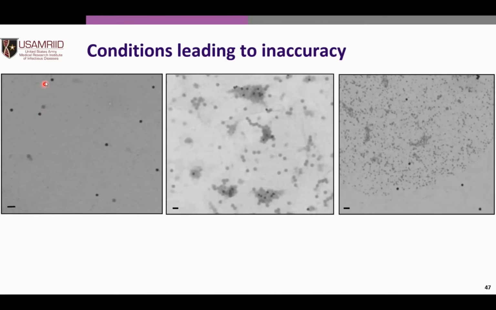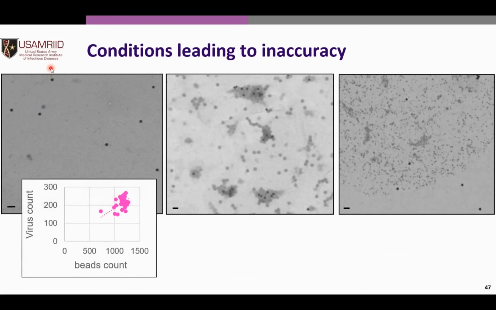And this is just an example of conditions that lead to inaccuracy. The picture all the way to the right is actually a nice sample prep. The beads are quite spread out, the virus is spread out evenly, and you're going to get a nice cluster of samples where they make a nice linear graph, and your R number is going to be pretty clean on that. Versus the one to the left, where you've got a whole lot of virus clumping going on in this middle one.